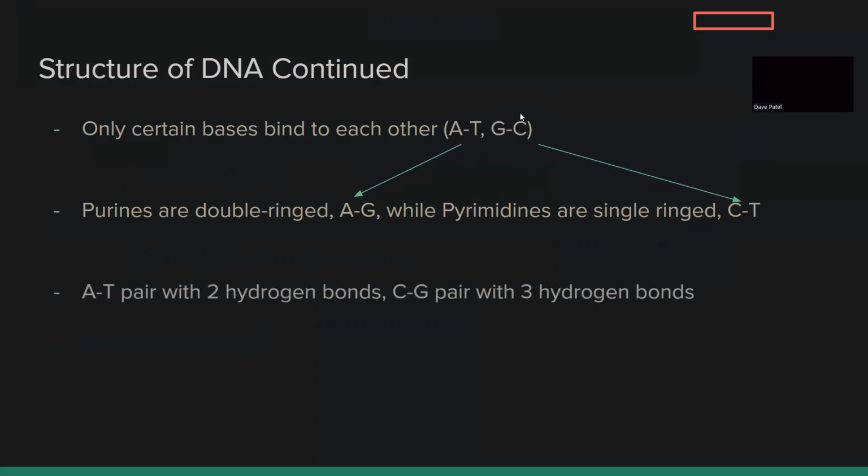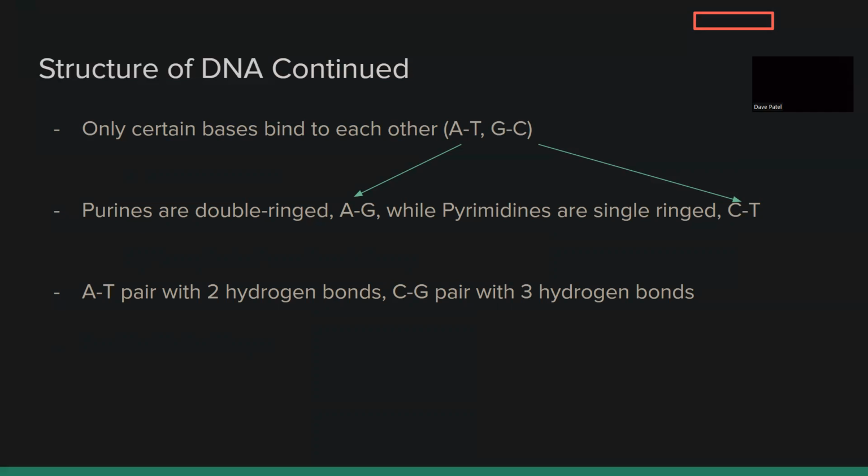And then you have the actual bonding within the DNA molecule. When you pair the bases together, they form hydrogen bonds, which most commonly form between hydrogen and oxygen or hydrogen and nitrogen, I believe.